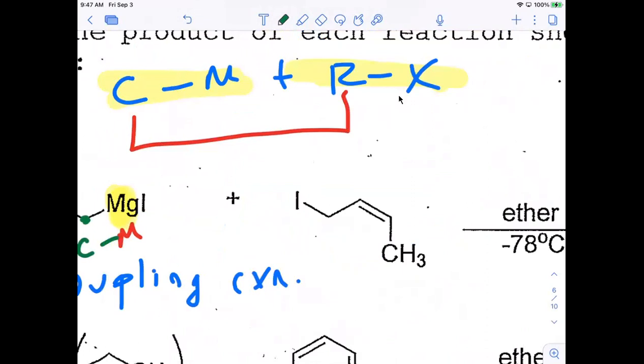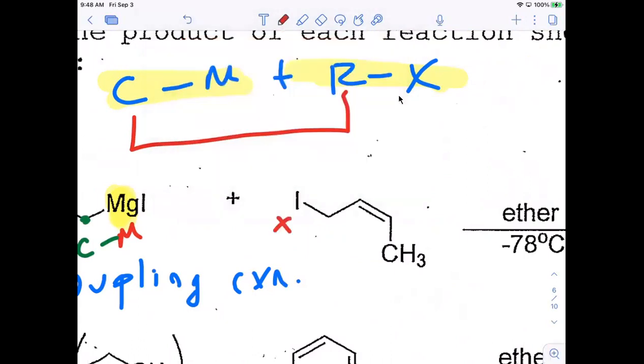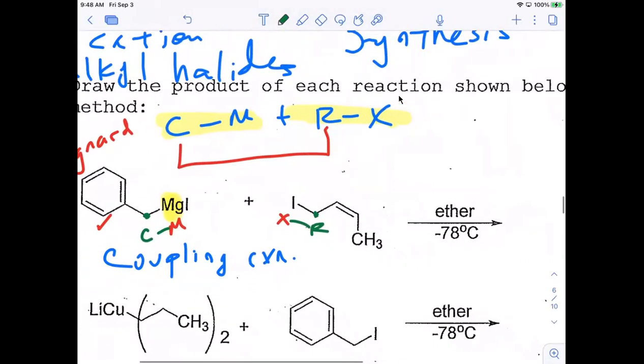So I'm looking for a halogen or some other leaving group in the place of X. So what is X over here on the right side? Iodide. Good. So this is X, and it's bonded to a carbon right here, right? So that's R.